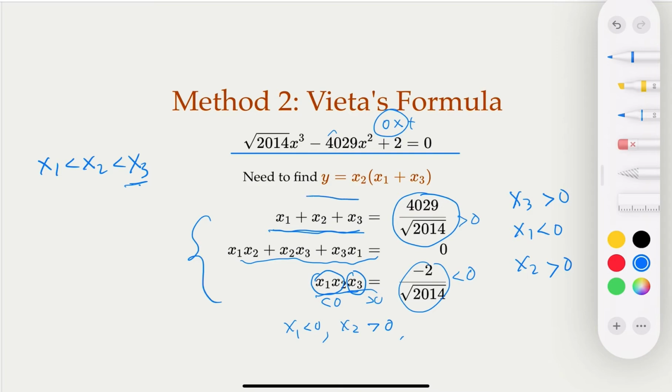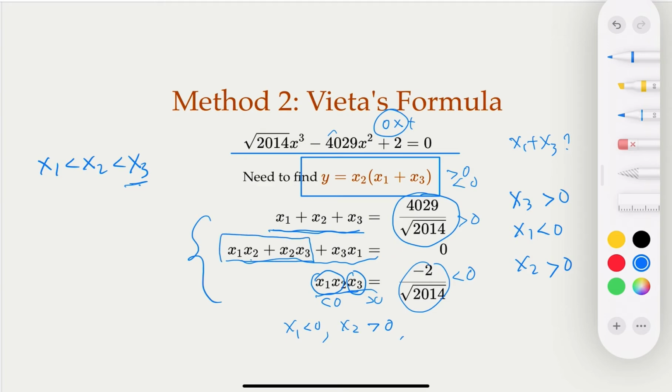But how about y? How about this quantity that we try to find, right? Is this bigger than 0 or smaller than 0? We don't know, because x2 is positive. We don't know if x1 plus x3 is positive or negative, right? However, when you look at the second term here, this is exactly y, right?